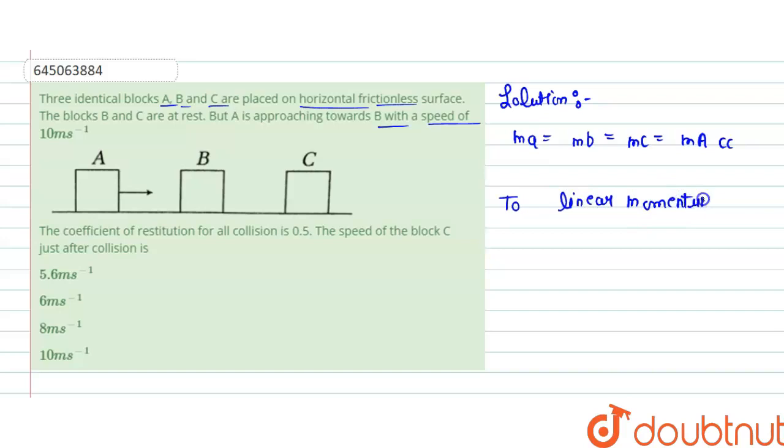So linear momentum: uA equals vA plus vB, by 10. According to the question, we write that it equals vA plus vB, and this is equation 1.